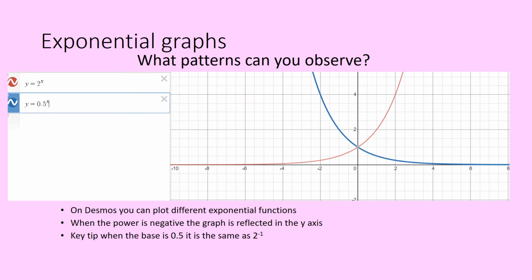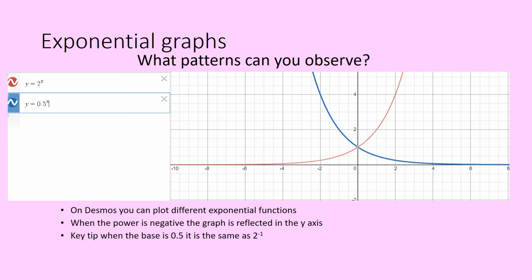If we go even further and plot y equals 0.5 to the x, it's also reflected in the y-axis. So why is this?